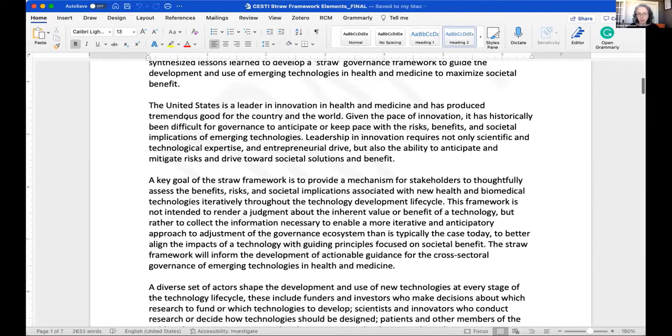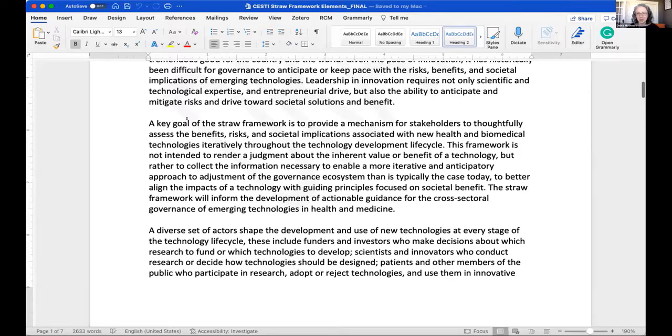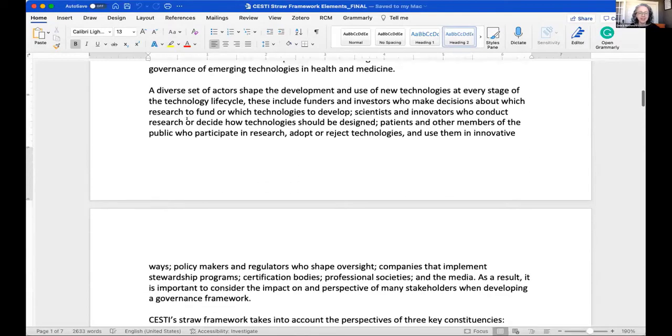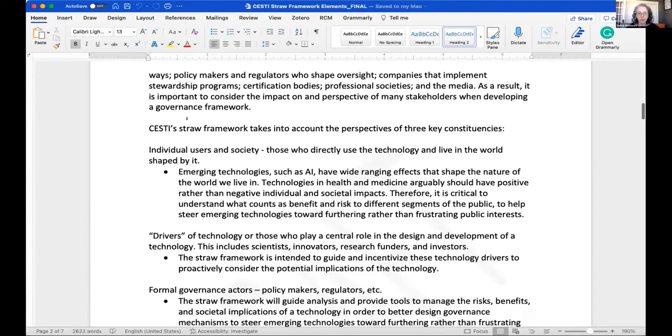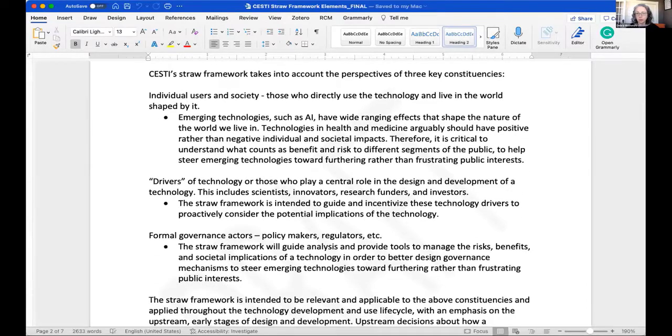So this introduction is just the argument that you heard Gary Marchant make yesterday, and a bit about the background that I went through yesterday as well.